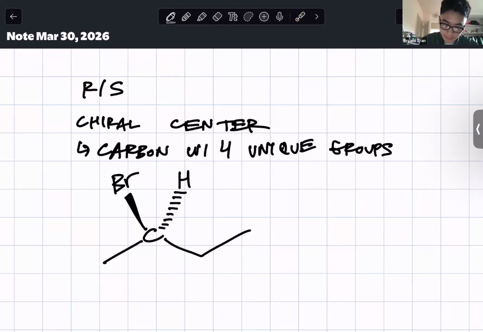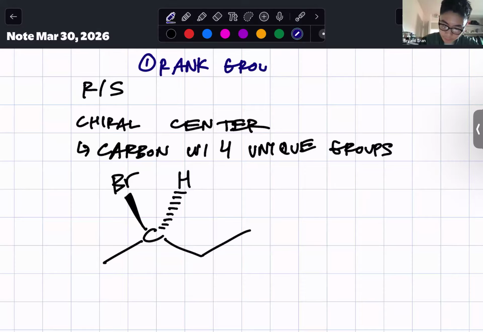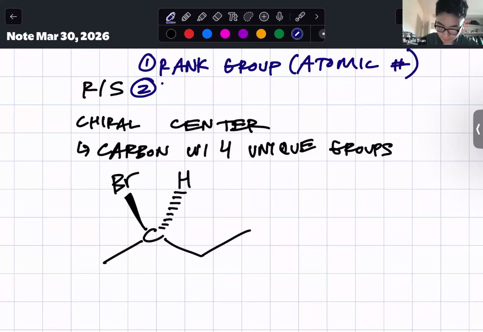So to assign R and S, there's three steps. You rank the groups, right, in terms of atomic number. Atomic number. Now, once you do that, you have to make sure that the lowest priority group is on the back, right?